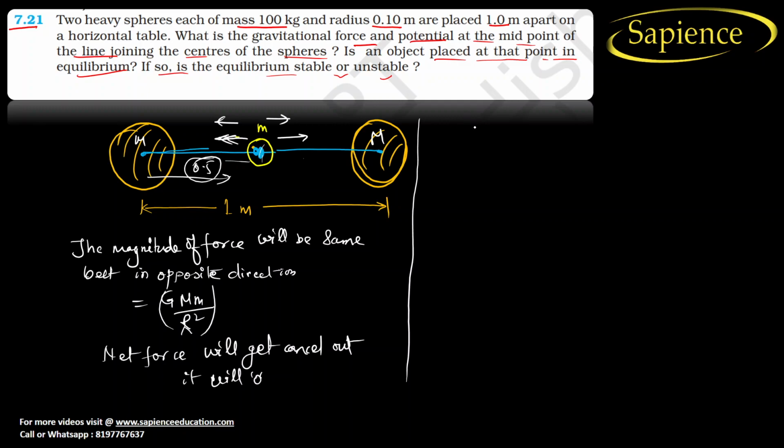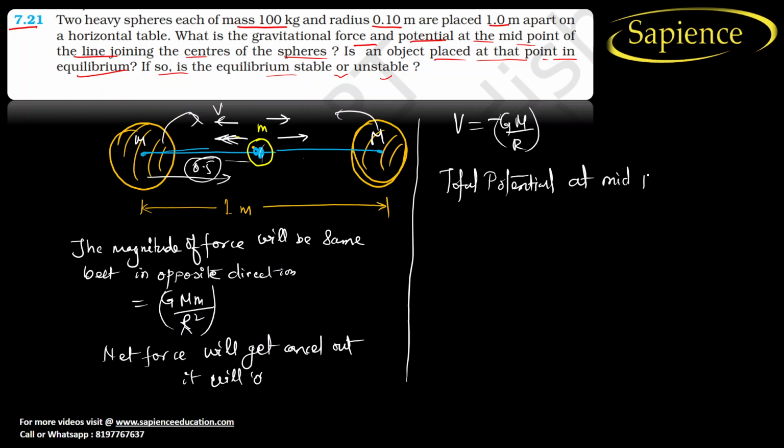So how will we find the potential? The formula for the potential is GM by r. But here, due to this mass there is a potential V, and due to this mass there is also a potential V. So the total potential at the midpoint is equal to minus 2 times G M by r.